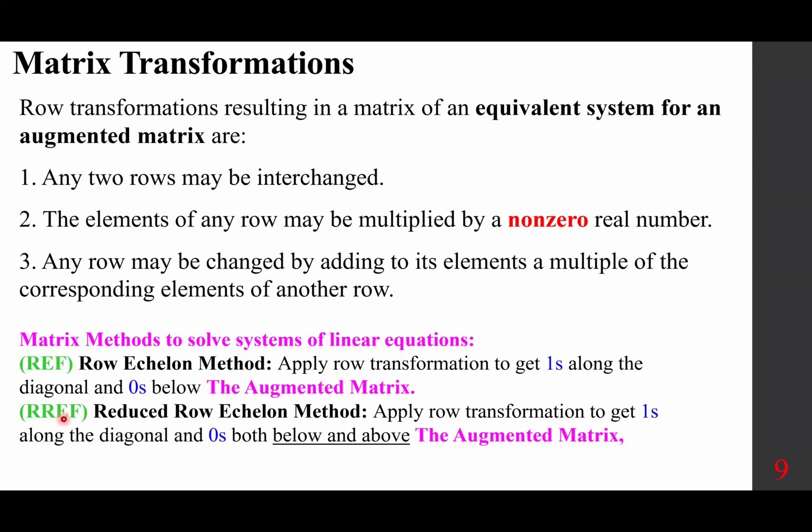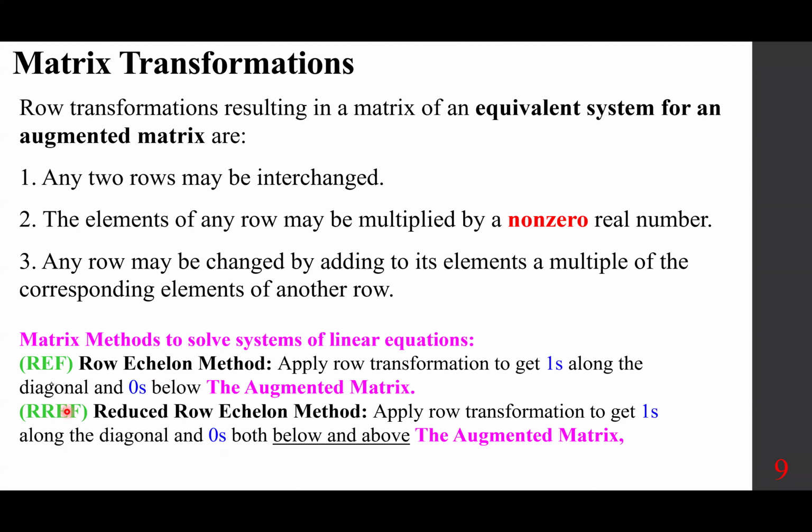Or RREF, reduced row echelon form. This F stands for form. So apply row transformations to get ones along the diagonal and zeros both below and above. The first one was zeros below the augmented matrix, and that is row echelon form. This is reduced row echelon form.